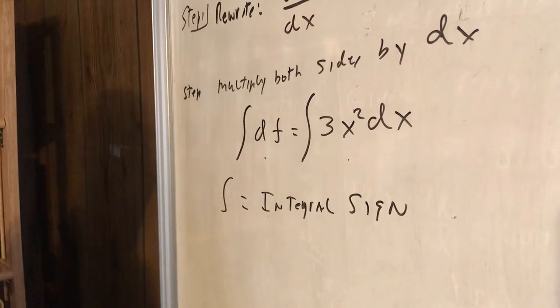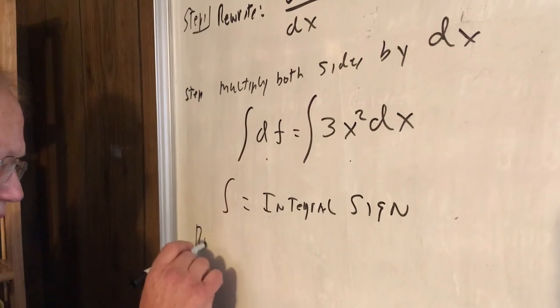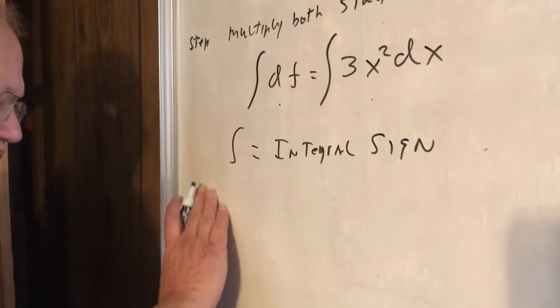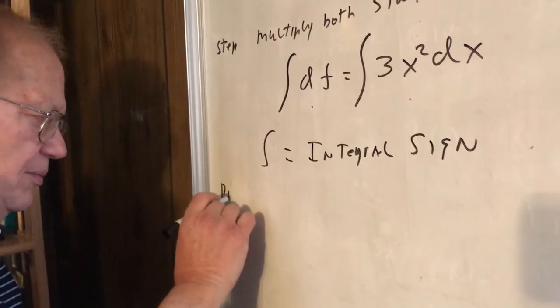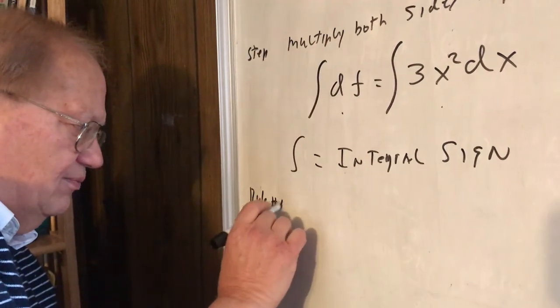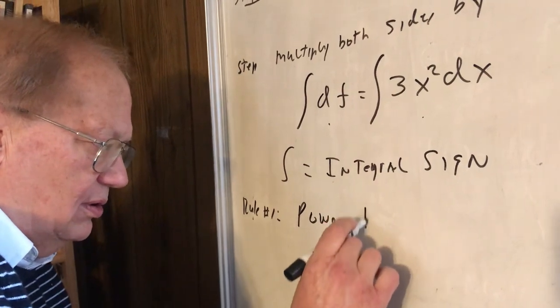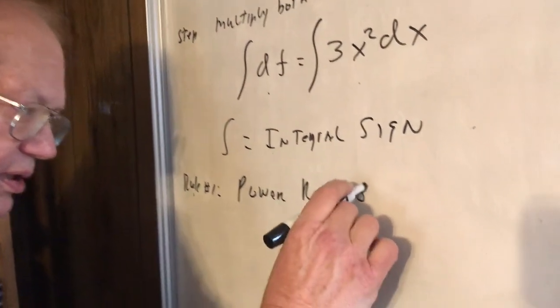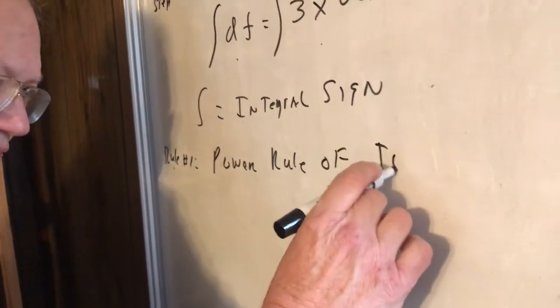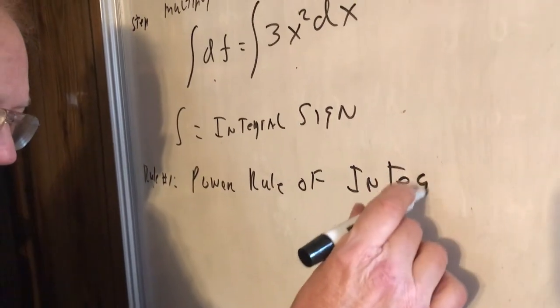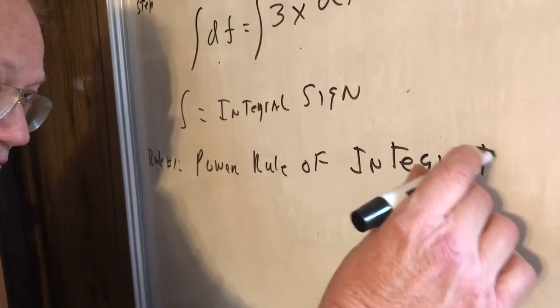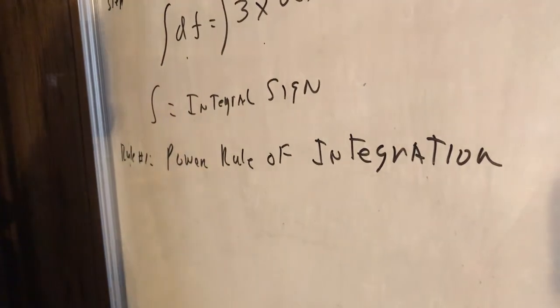So now let's see, what is the rule? The power rule. So rule number one of integration is the power rule of integration. It's basic, just like the power rule of the derivative, but not quite the same.